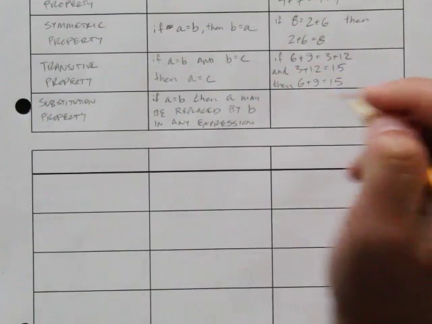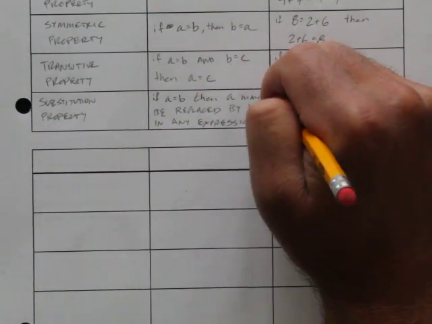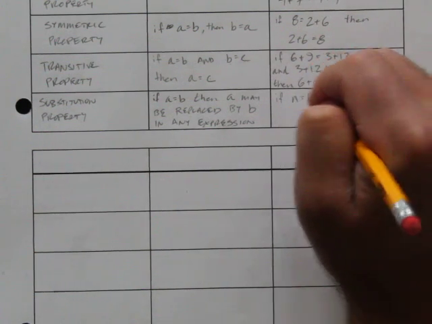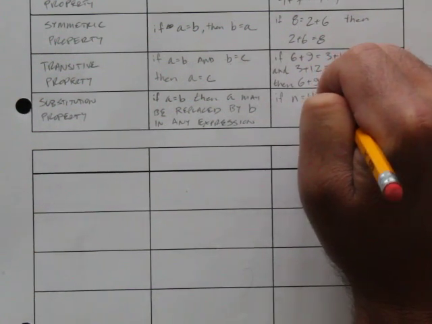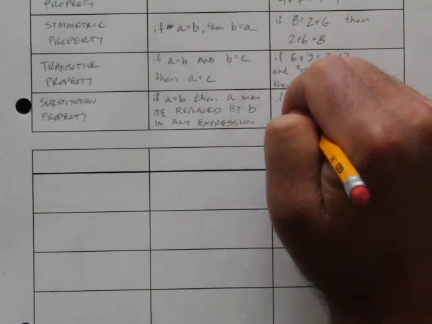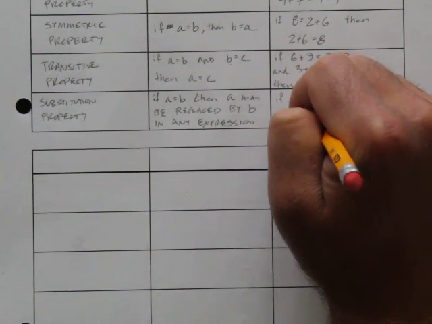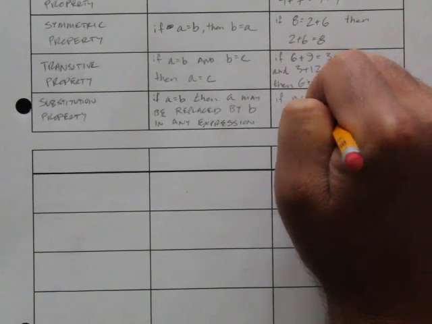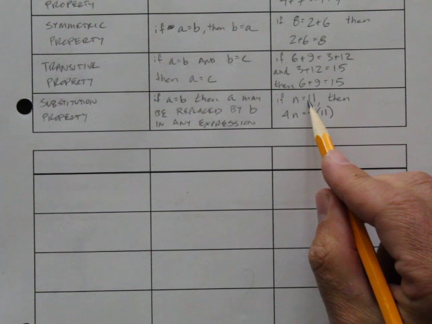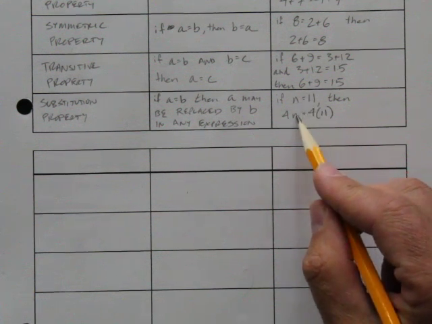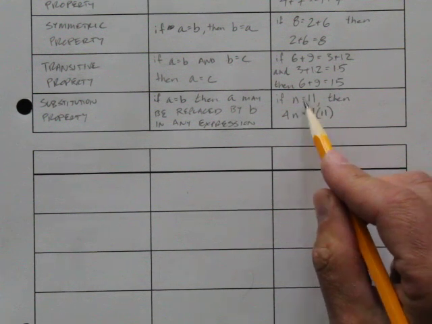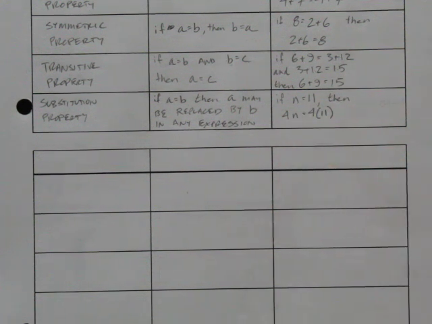So let's see what we're talking about here. If n equals 11, then 4 times n is the same as 4 times 11. So we've substituted 11 for n, or replaced n with 11. So that's how that works.